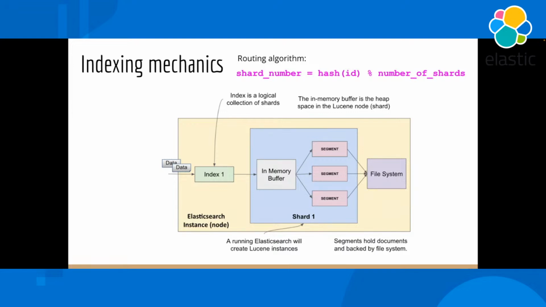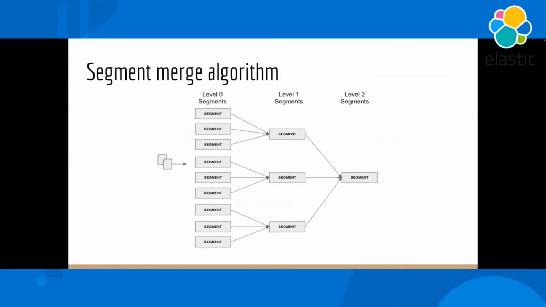All the segments are then pushed back into the file system. Obviously, Elasticsearch uses the file system as your data store. If you go into the data folder in your Elasticsearch, you should be able to see the nodes data being spit out.